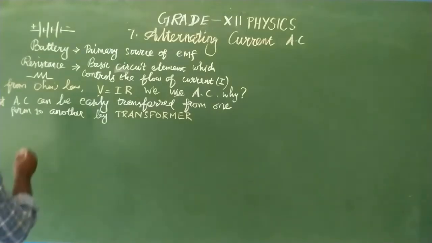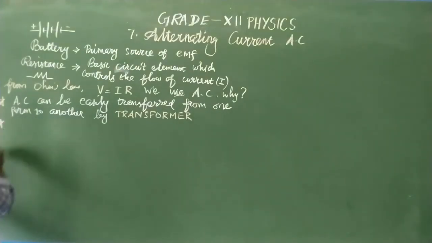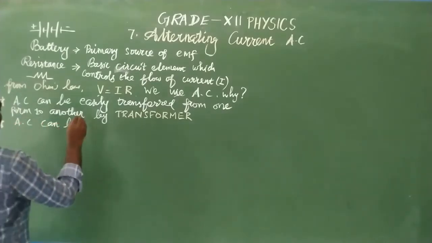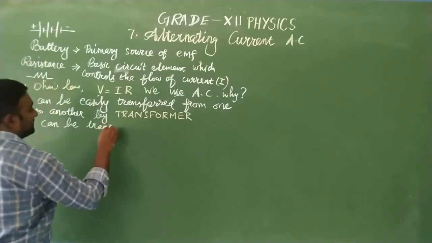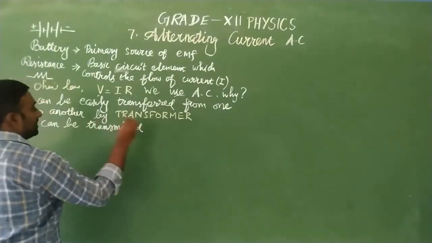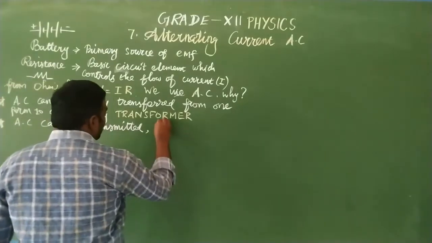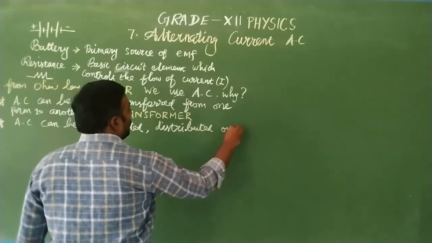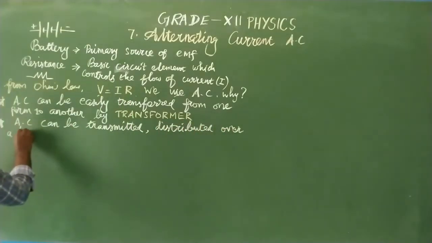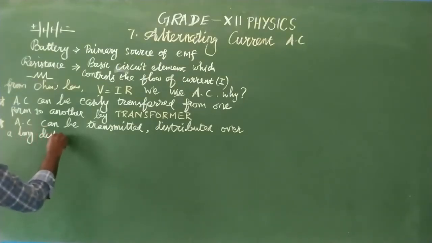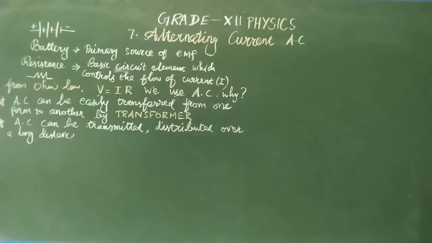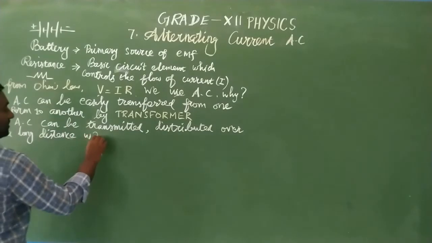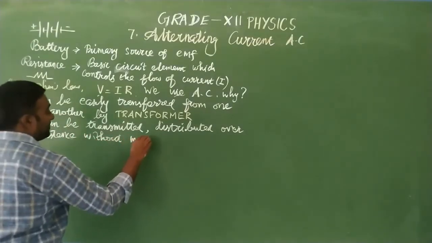The second one: AC current can be transmitted and distributed over a long distance without much loss of energy.